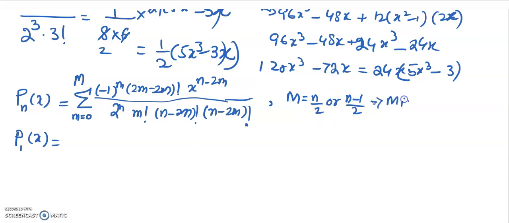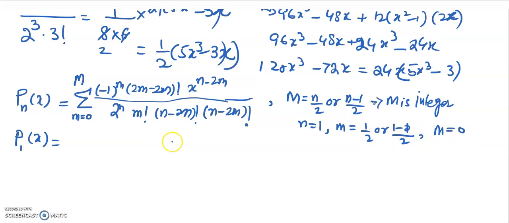So for example, if n is equal to 1, then M will be either 1 by 2 or 1 minus 1 by 2, that is 0. From 1 by 2 and 0, 0 is the integer, so M will be equal to 0.